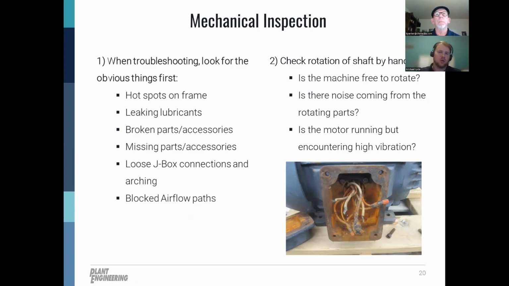Earlier we talked about hot spots in the windings. If you have a hot spot within the motor windings or inside the motor, that temperature is still escaping to the outer case. Maybe it's cast iron or rolled steel. You have that temperature escaping to the outside, which is likely painted. So you may see discolored or degrading paint on the outside of the motor.